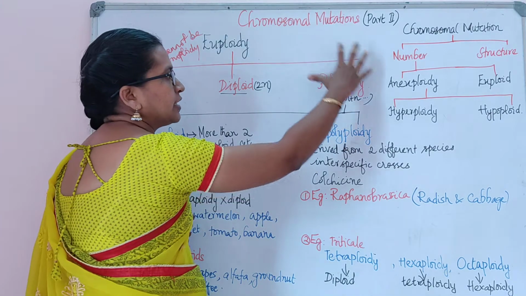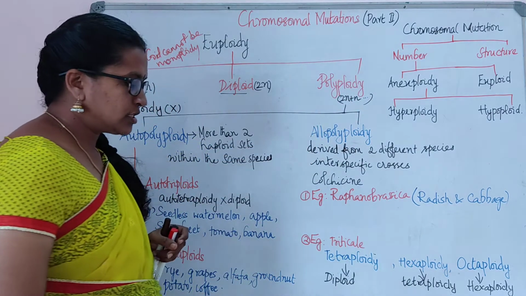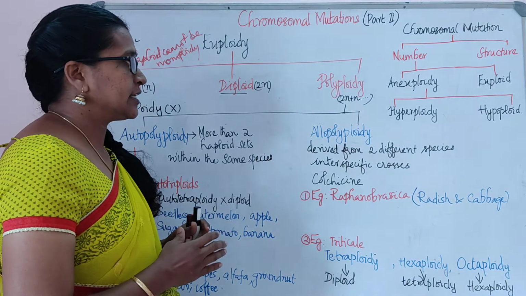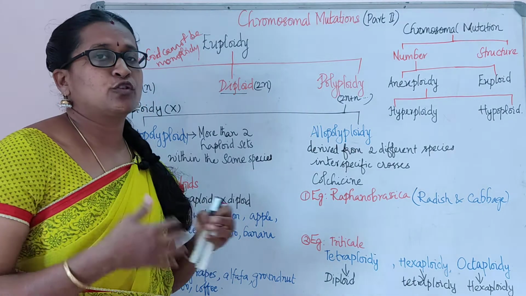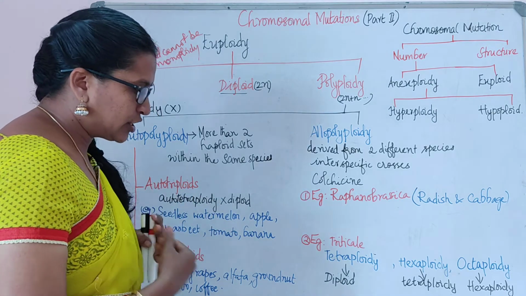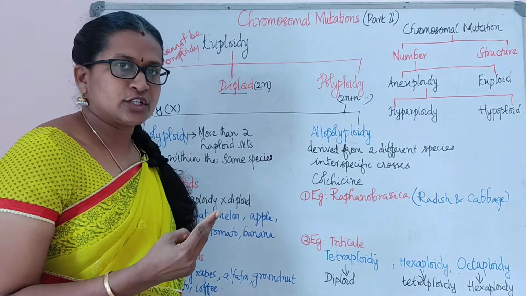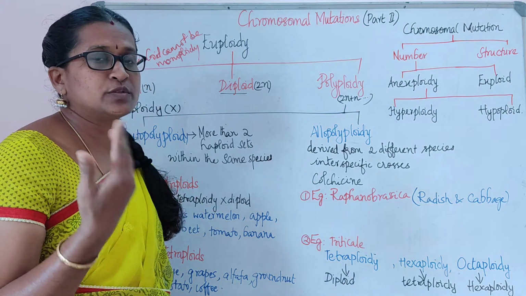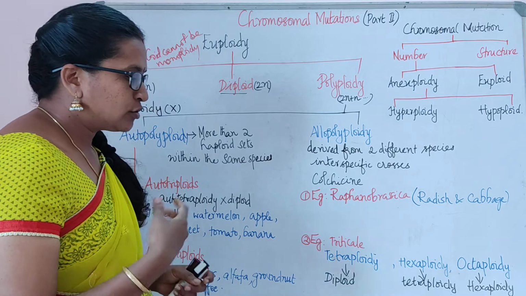So here the main thing is polyploidy. What is polyploidy? Polyploidy is the condition where extra sets of chromosomes are added. We all know there are two basic sets of chromosomes, but with the addition of chromosomes, that is polyploidy.